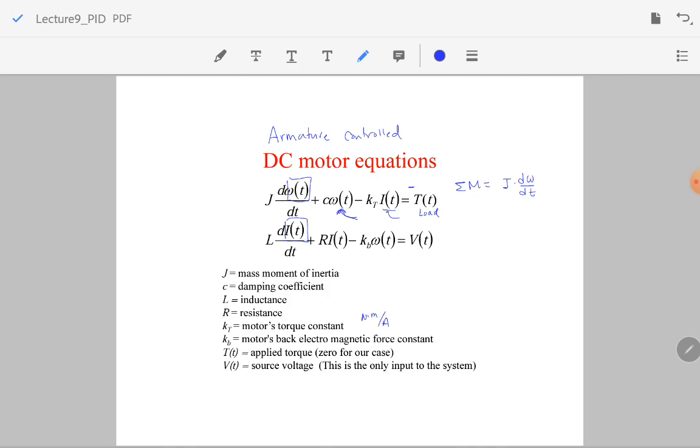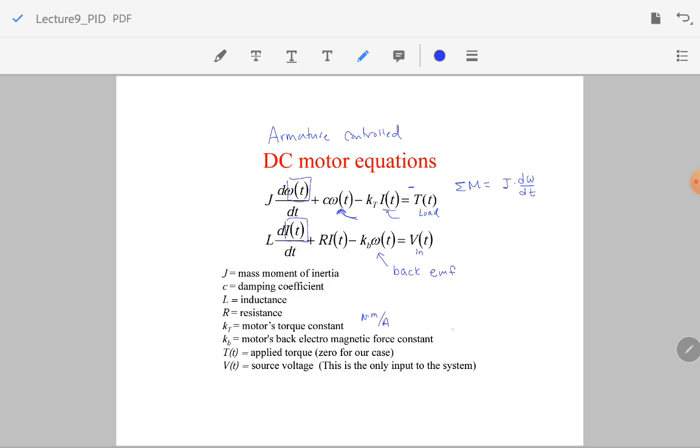The second equation just says that the input voltage equals the drop across the inductor, across the resistor, and minus what's called the back EMF. The back EMF is proportional to the motor speed omega, and the constant KB is called the motor's back EMF constant.